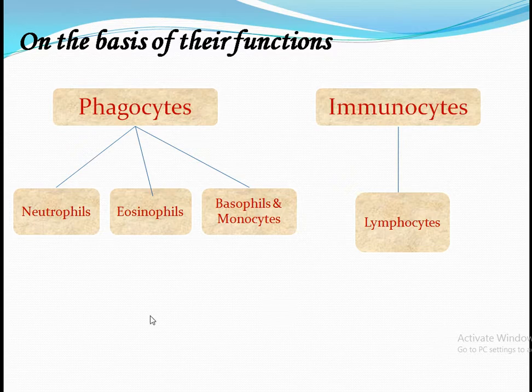Phagocytes include neutrophils, eosinophils, basophils and monocytes, while the immunocytes are the lymphocytes. So, through this classification, you can recognize that we can have different types of the WBC, and they can be classified in different ways.